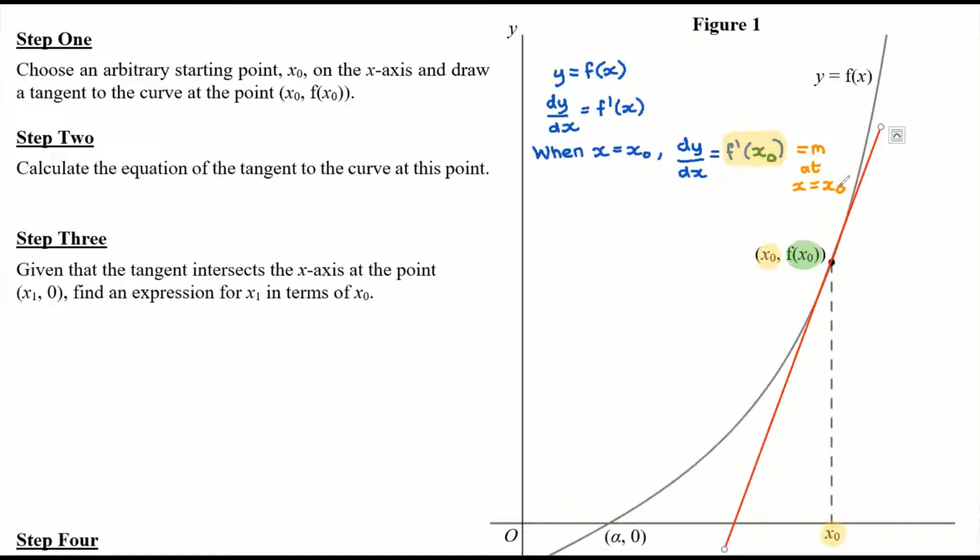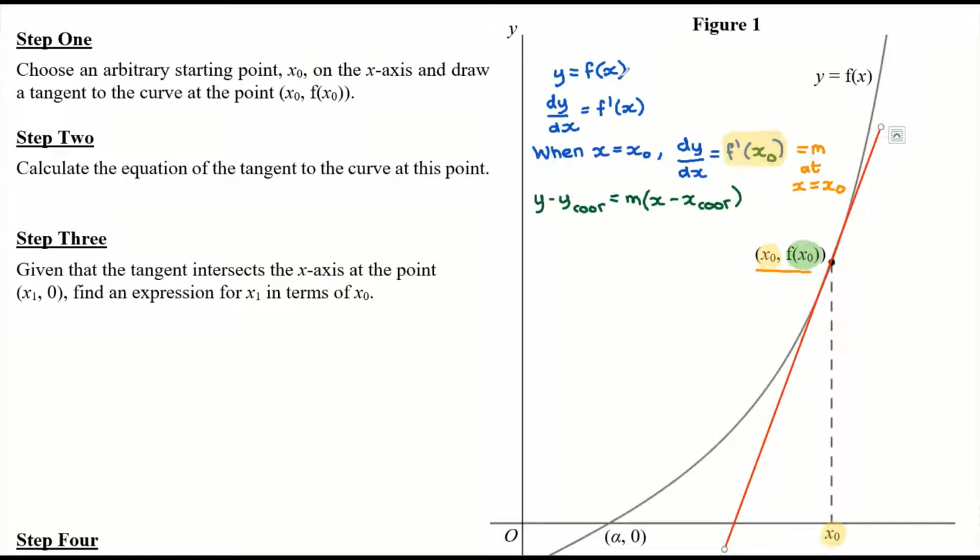Well, we've got the coordinates. We've got them right here at that point. So we can now sub those into the equation formula for a straight line. So we know the equation formula for a straight line is as follows. It's going to be y subtract the y coordinate is equal to the gradient multiplied by x subtract the x coordinate. Okay, so we sub everything in now.